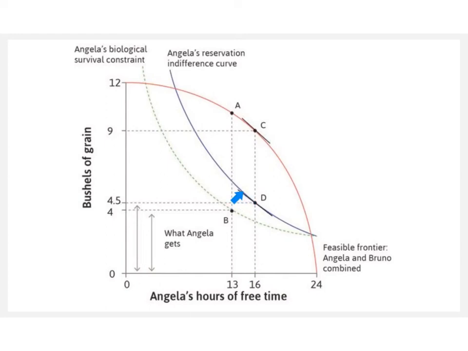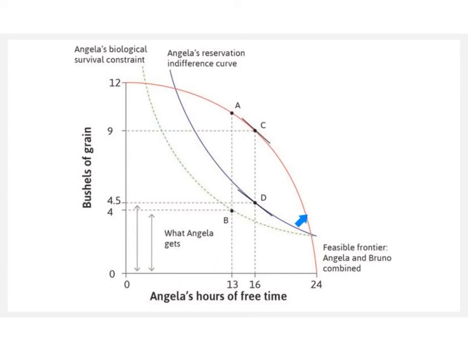We know that because the marginal rate of substitution is just equal to the marginal rate of transformation. The marginal rate of substitution is what Bruno is willing to pay Angela for 1 more hour's work. Remember, we're moving this way. And the marginal rate of transformation is how much grain is produced from 1 more hour of work.